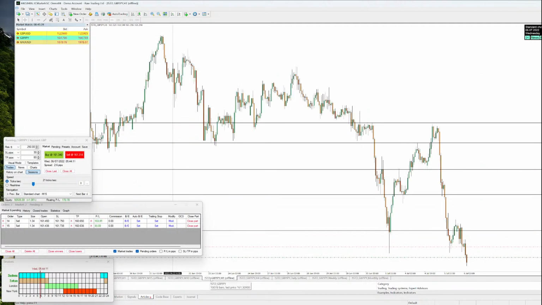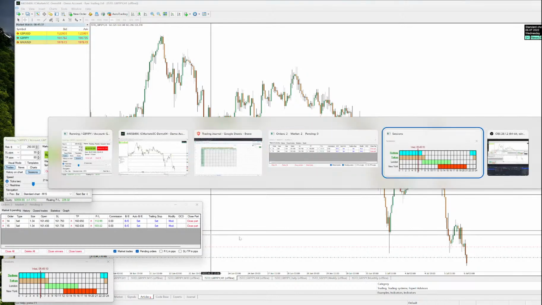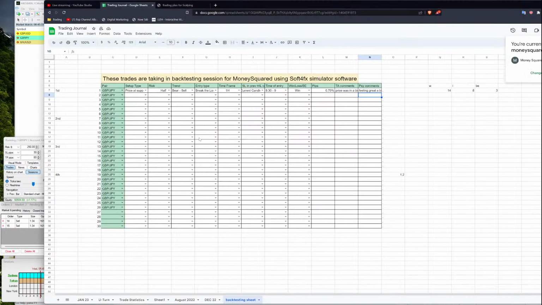So I'm gonna let this trade either hit stop loss or take profit. Let me just journal our candle, full risk, bear sell, break the lows, 4 hour time frame, current candle, time of the entry is 8.